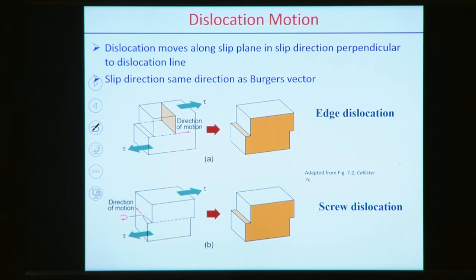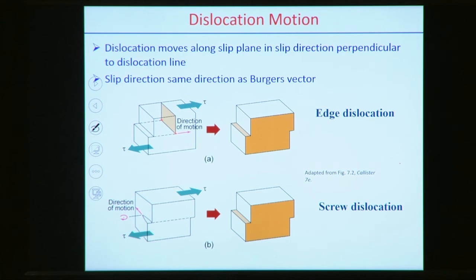Dislocation moves on the slip plane in the slip direction, perpendicular to the dislocation line. And the slip direction is the same direction as the Burgers vector. Here, in the case of edge dislocation, the slip plane is defined on the vertical plane, and the direction of slip is simply the movement of the edge dislocation from one point to another, in the direction in which the shear stress is acting.